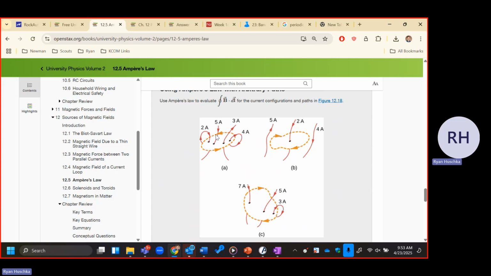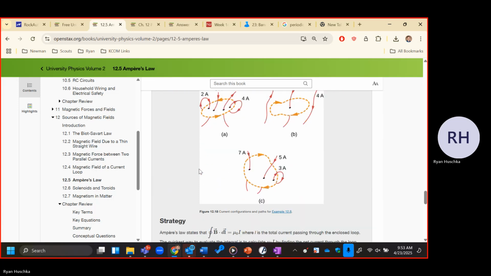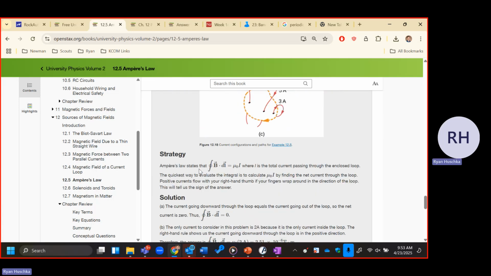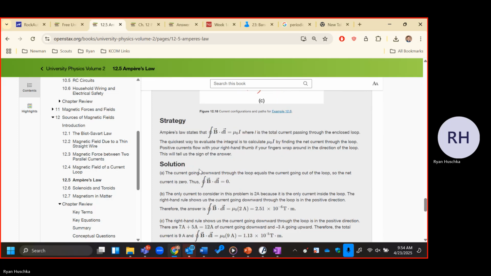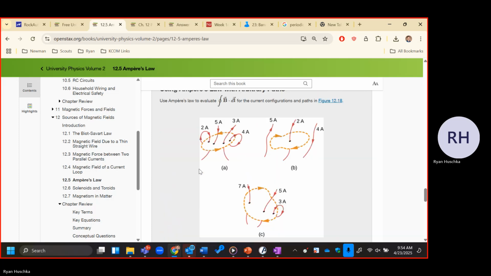It doesn't matter that we have multiple different currents in different locations.